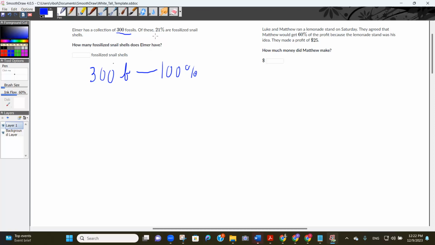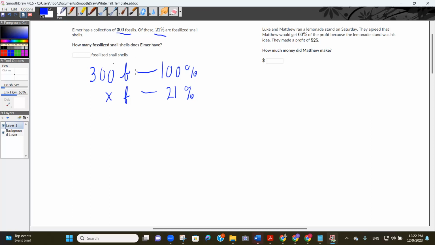So we have 100% of these 300 fossils. And then the question is, 21%, how many fossils do we have of this type? So that is our x. Here we have set up the problem using the rule of three, and it's always very important to set up the problem correctly.